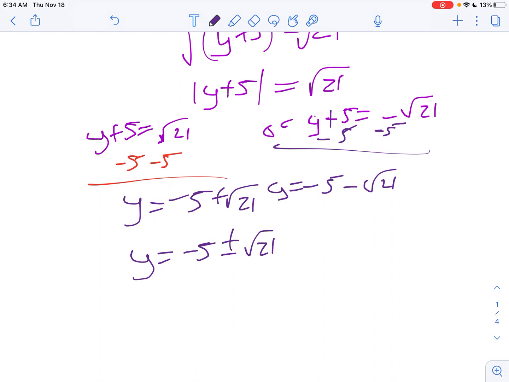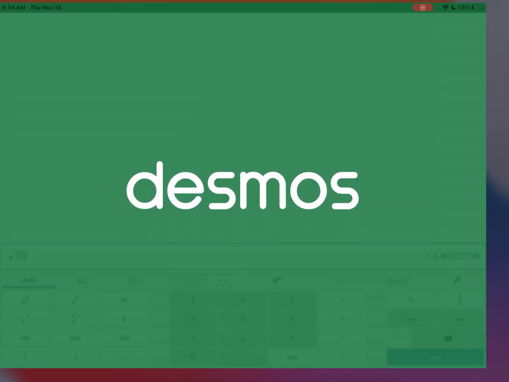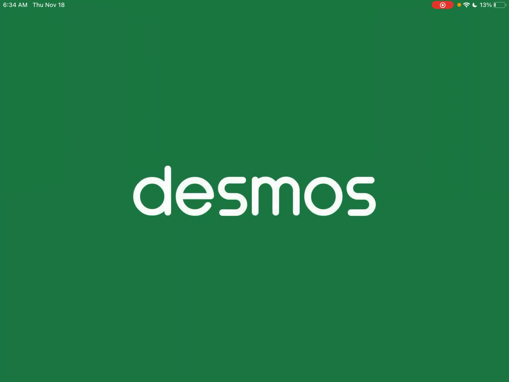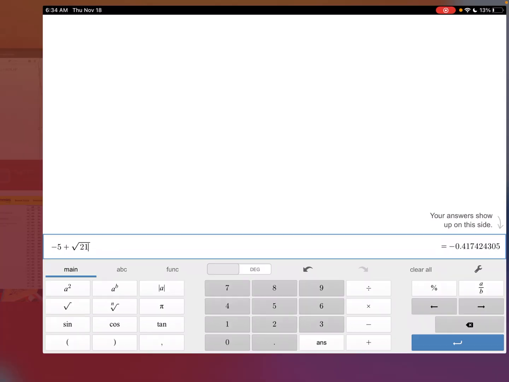Now to find the decimal answer, we're just going to use our calculator. So we're going to say negative 5 plus the square root of 21. And that will be negative 0.42.